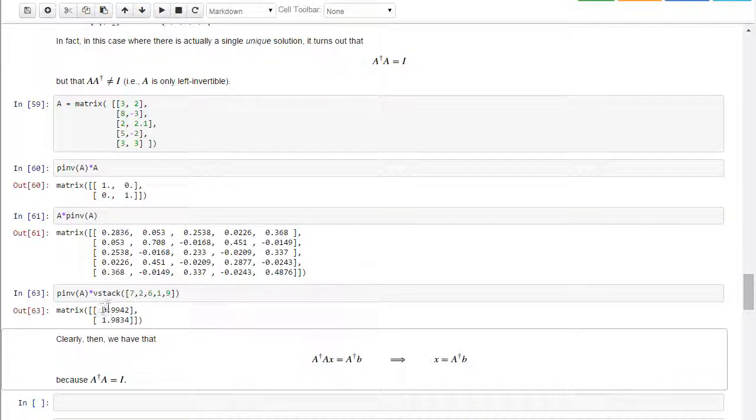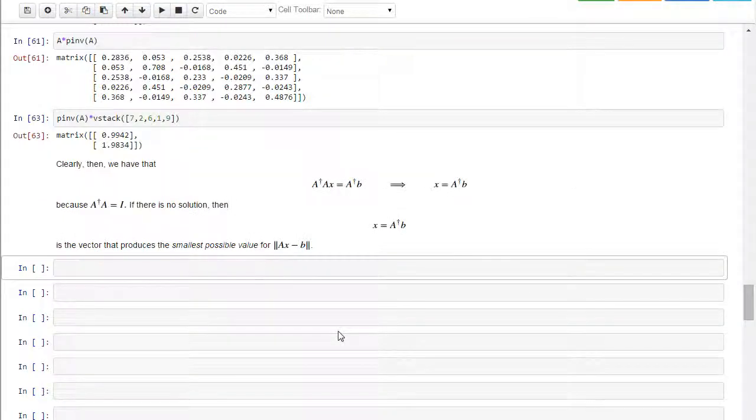So what is this 0.9942? Well, what that actually is, if there is no solution, then x equals A dagger b is not the answer, but rather the vector that produces the smallest possible value for Ax minus b.